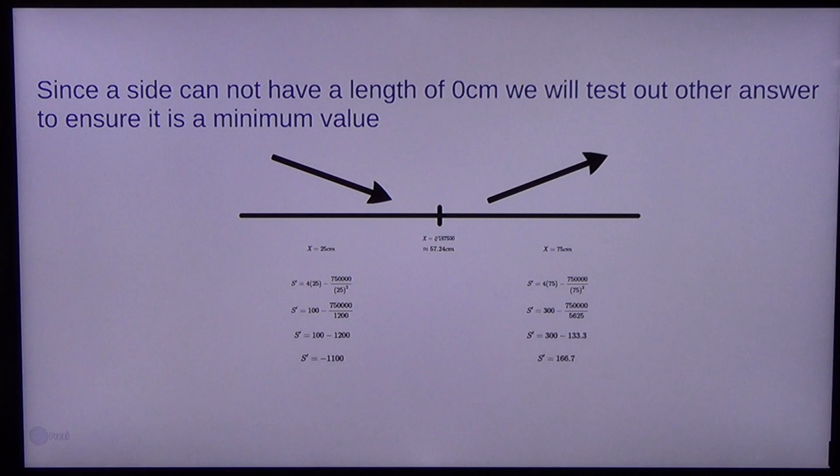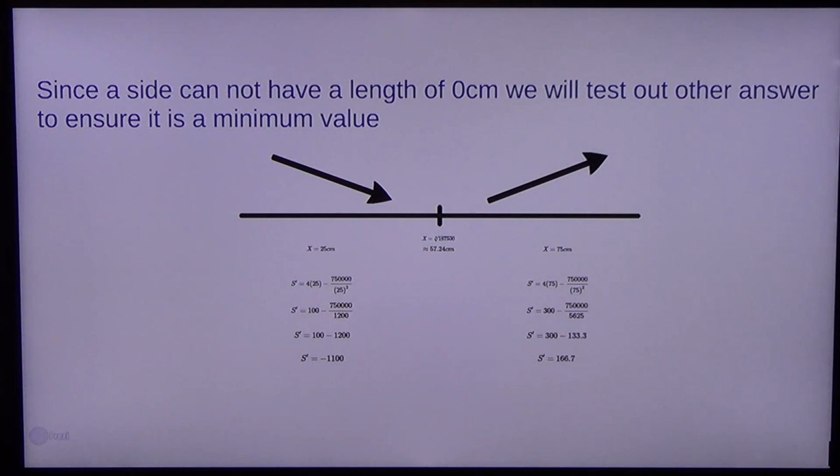So we're automatically going to assume that that's not in there, and we're going to use our second answer, x equals cubed root of 187,500, or approximately 57.24 centimeters, to test this. We're going to pick two numbers, one on each side of this. We went ahead and picked 25 centimeters and 75, making them easy numbers to work with.